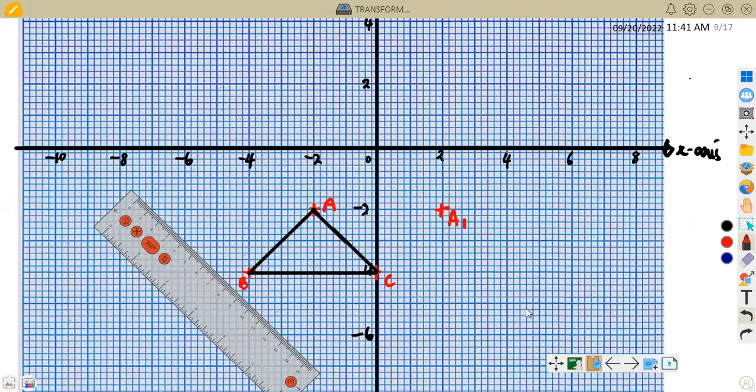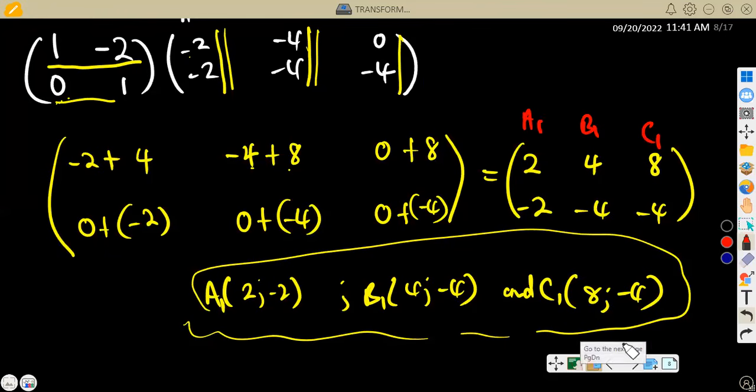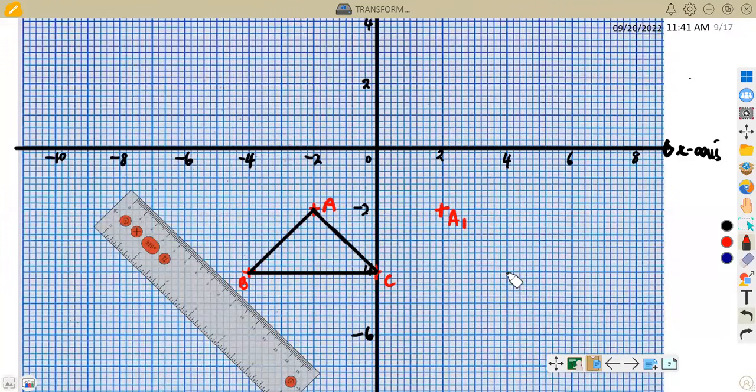We said B1 is (4, -4), which is somewhere here. You mark your point. And C1 is (8, -4), which is somewhere here. You mark your point, which is your C1.